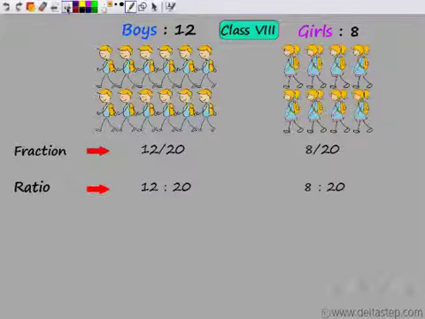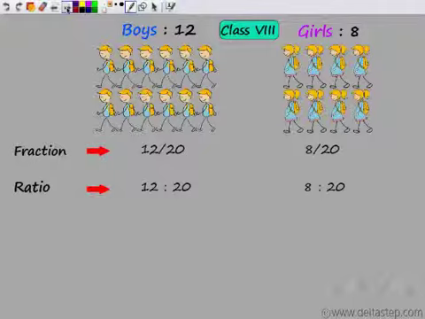So 12:20 means 12 boys in 20 students. And 8:20 means 8 girls in every 20 students. So this is what I have got, comparing the strength of the boys and the strength of the girls in both fractions and ratios.